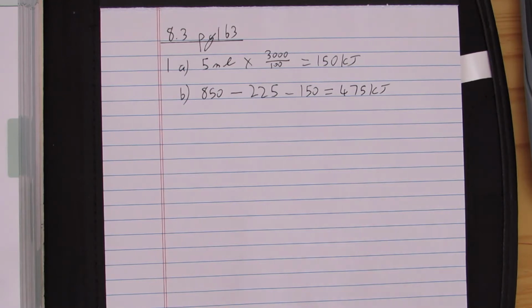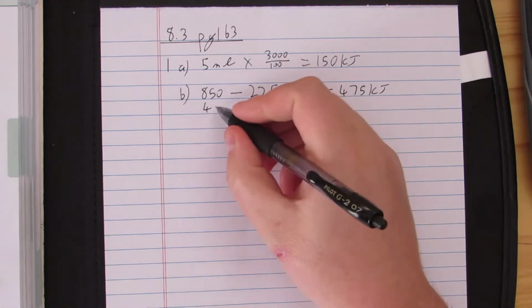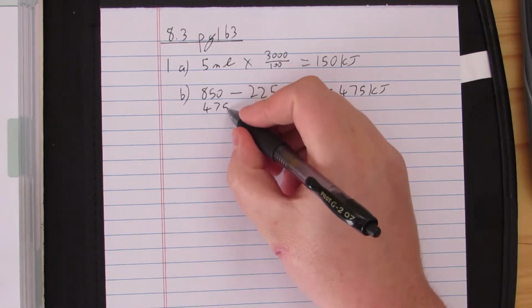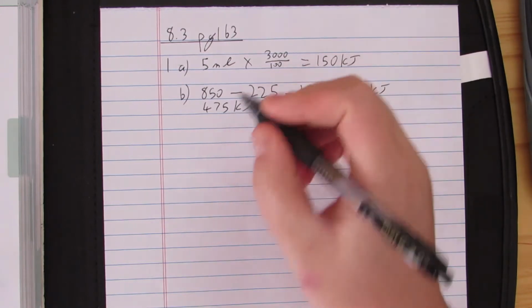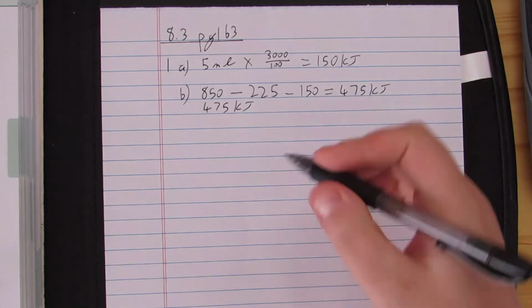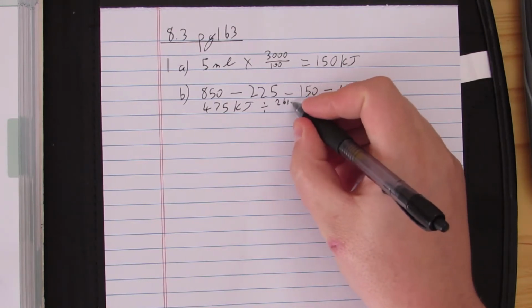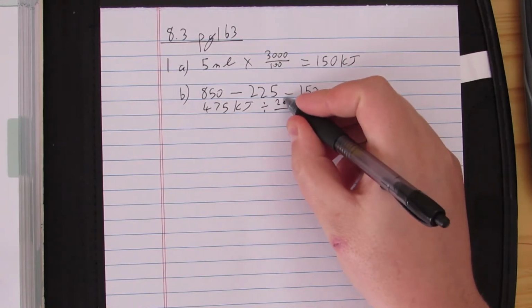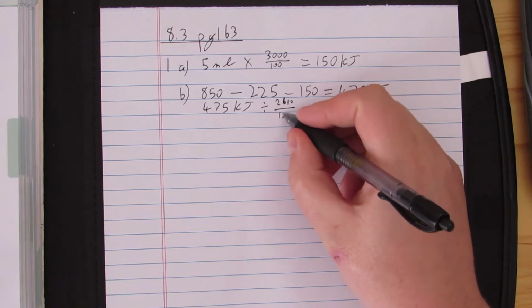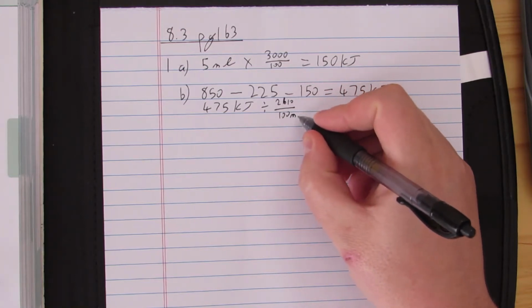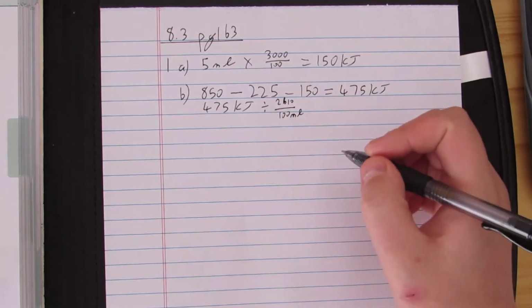consume from peanut butter. Now, the 475 kilojoules that we have here, we need then to divide it by 2,610, which is the energy in 100 milliliters of peanut butter.